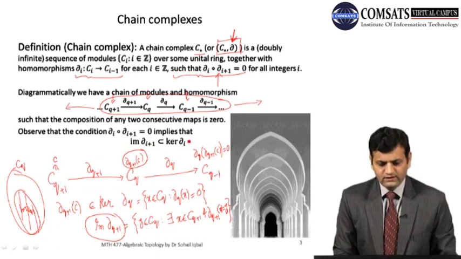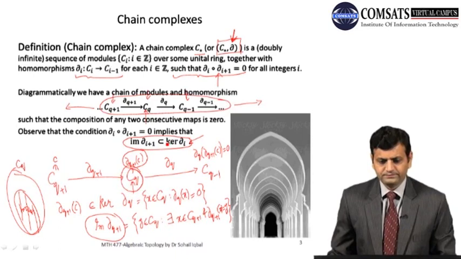In other words, we can say that the image of partial i plus 1 is contained in the kernel of partial i, where i is any integer. In general this holds for each and every integer, or each and every node, because here we are considering the node i, and there we were considering the node q.